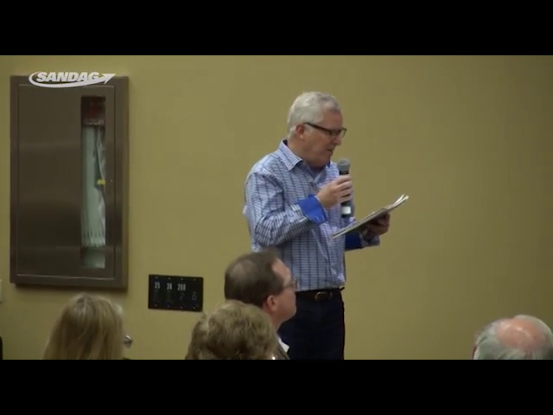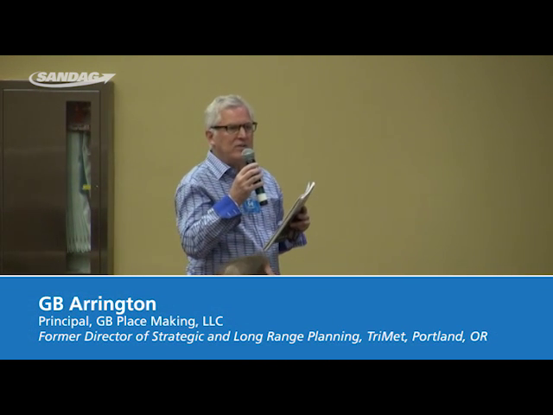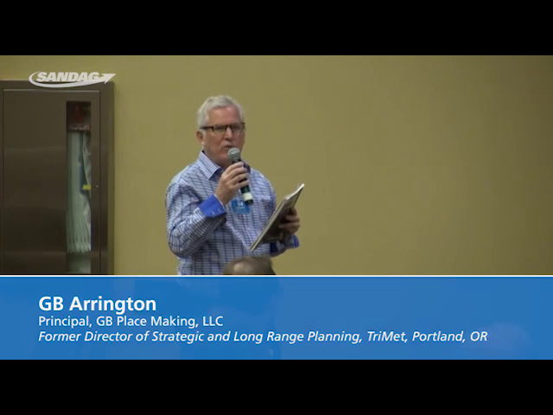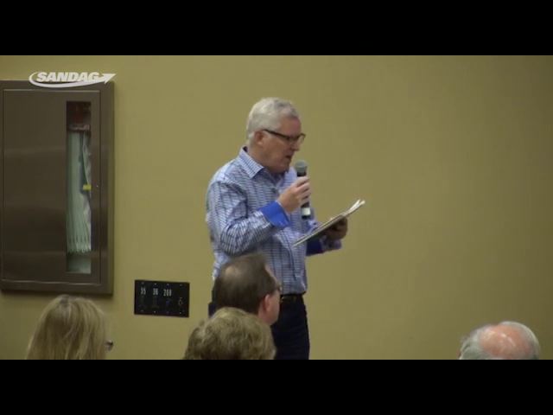Okay, GB's got one more example he's going to talk about. This one takes some of the TOD and some of the mobility hub that Mike was talking about. So this is Overlake. This is suburban Seattle. This is right next to the Microsoft World Headquarters. The next station is where the mobility hub is, which is jointly funded by Microsoft to a large tune of money. So the context here is suburban.